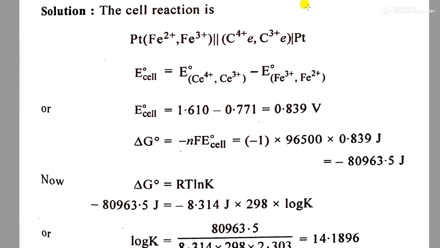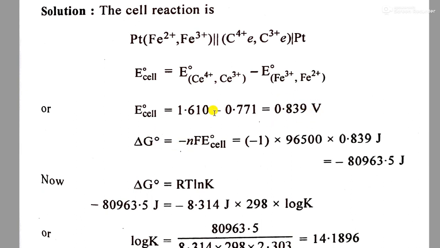For the cell reaction, the standard EMF is obtained by subtracting the E0 of the left hand side from the E0 of the right hand side. So here E0 of Ce4 plus, Ce3 plus minus E0 of Fe3 plus, Fe2 plus. So you get the value of E0 as 0.839 volt.